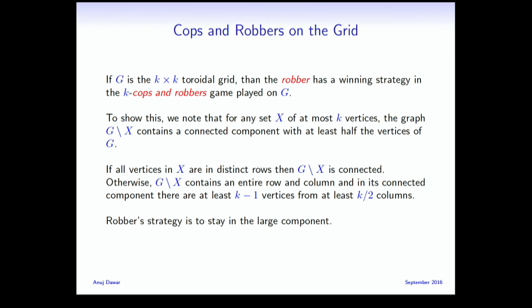At any point, some of the cops are moving, and you know where they're going to land. So the large component in the previous move and the large component in the next move must overlap. So there's a path from the current position into the overlap. You go there and stay there. Okay.